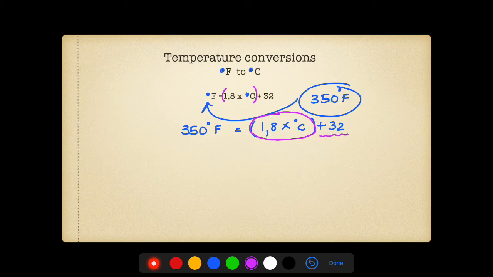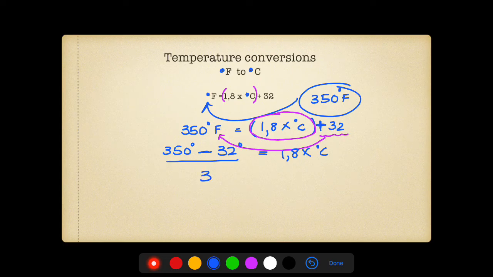So what I'm going to do, I'm going to take the 32. I know this is algebra, but just for today, let's visit algebra again. So we're going to go 350 degrees minus, because it's added this side, so on the left-hand side, it's got to be subtracted. 32 degrees equals 1,8 times degree C. So if I subtract these two, I will get 318 degrees equals 1,8 times degree C. And hopefully you do remember.